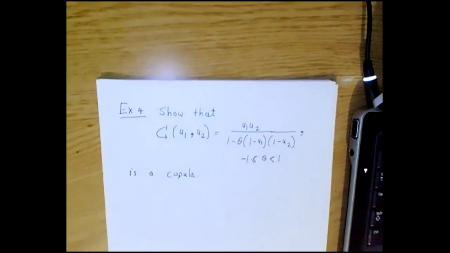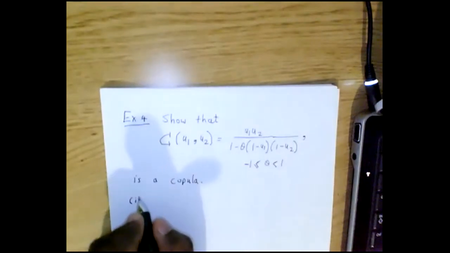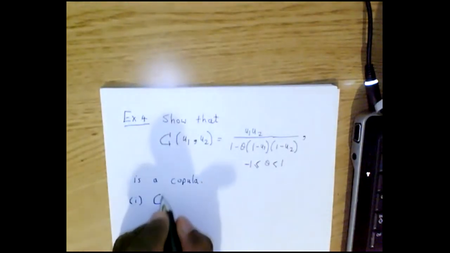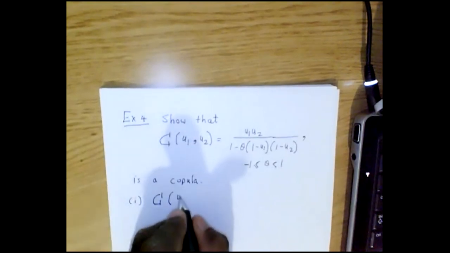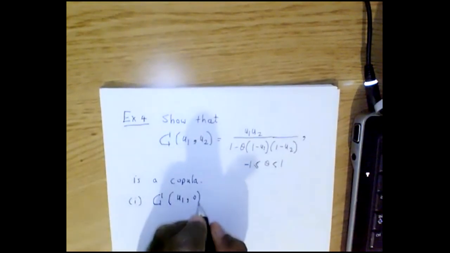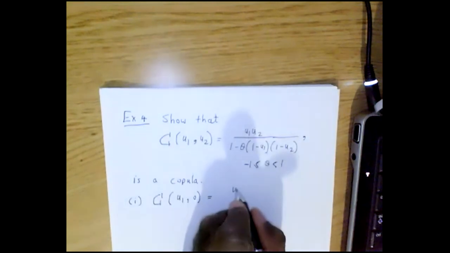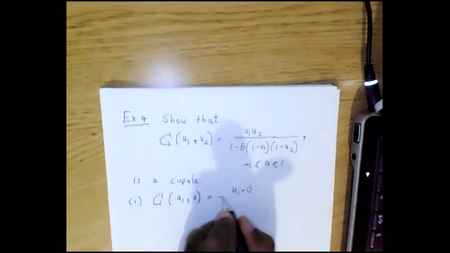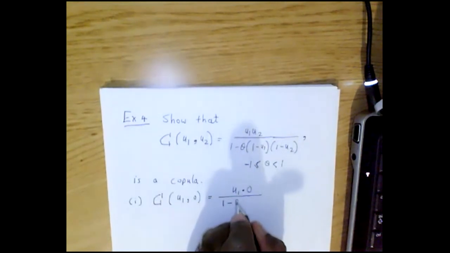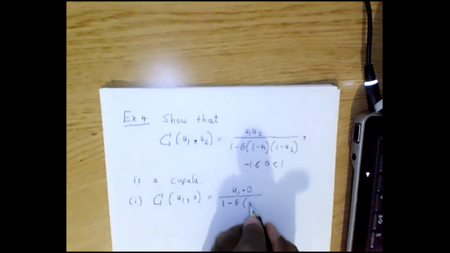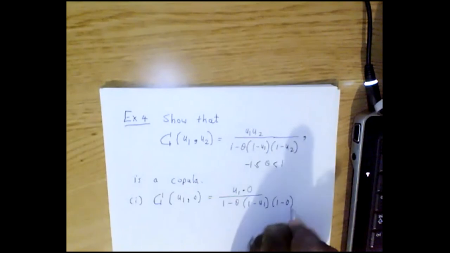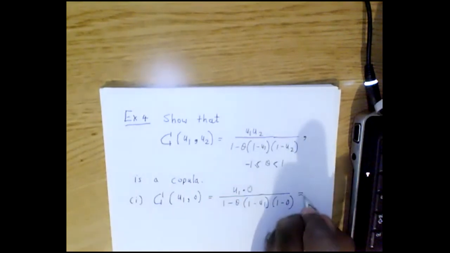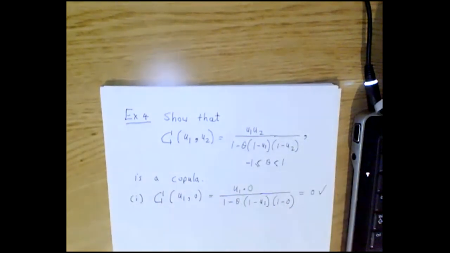Okay. So condition 1. So it's going to be u1 times 0 divided by 1 minus theta times 1 minus u1 times 1 minus 0, which is clearly equal to 0. All right, so it's satisfied.